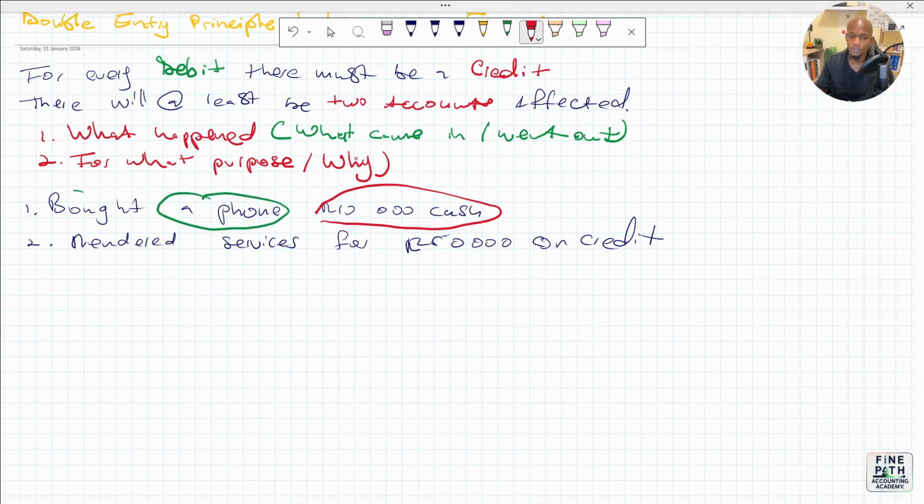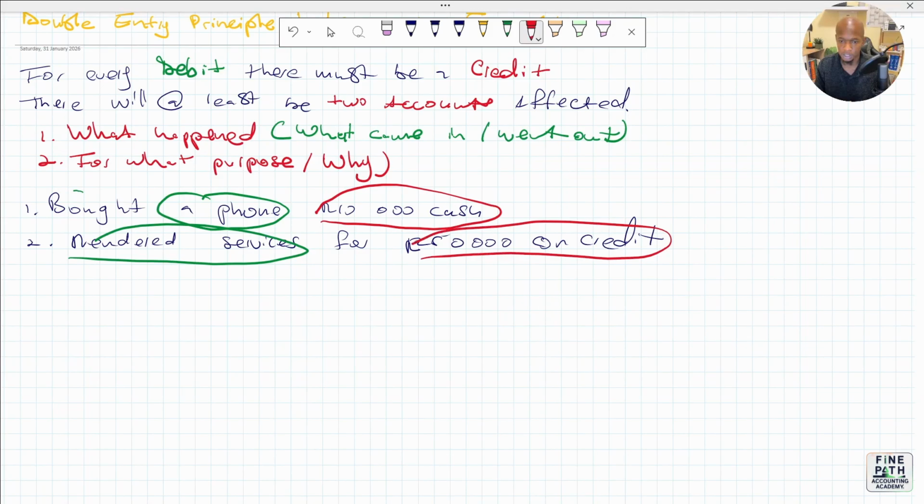And with the second one, when we ask what happened, we ask ourselves what came in or what went out. What went out was services rendered, and why they went out is that they were on credit, right?